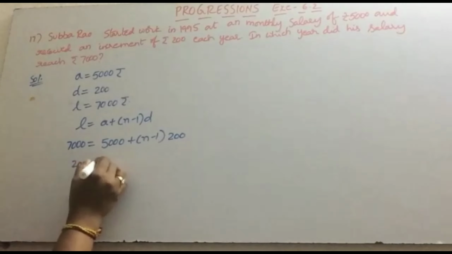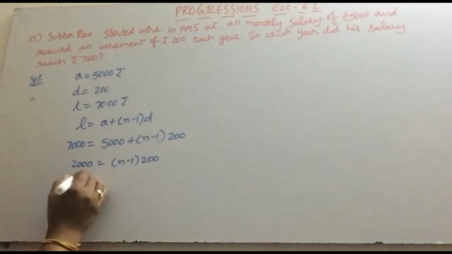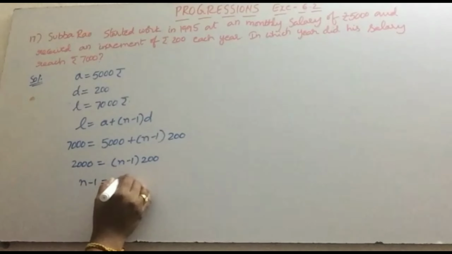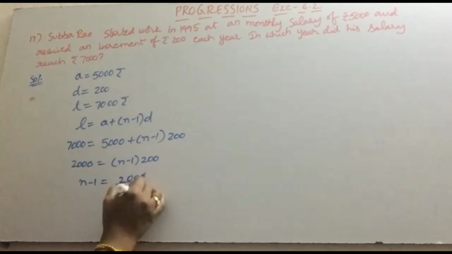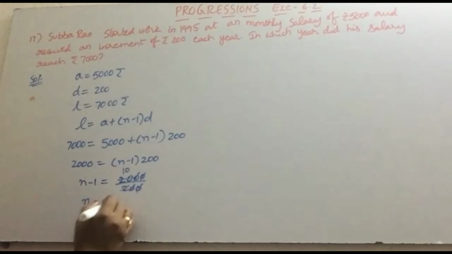So 2000 is equal to (n minus 1) into 200. So n minus 1 is equal to 2000 by 200. So n is equal to 11.